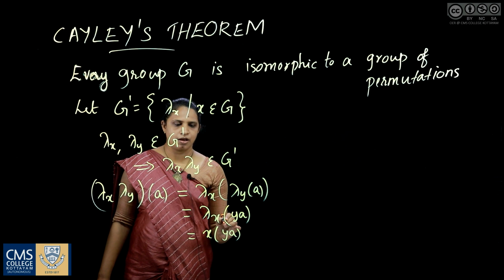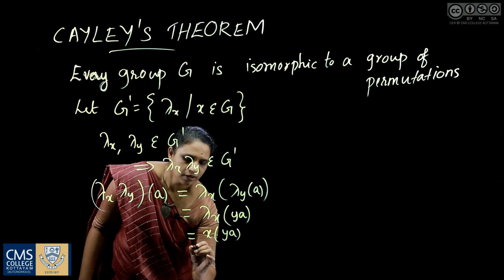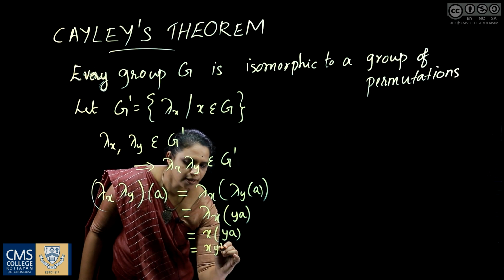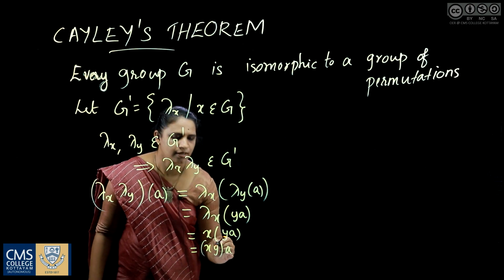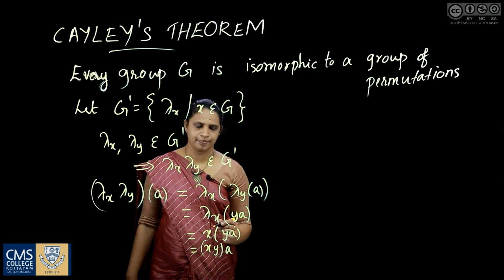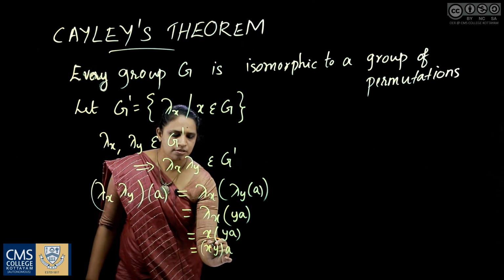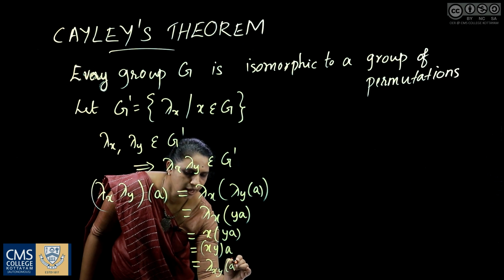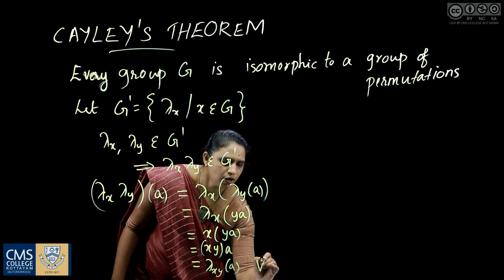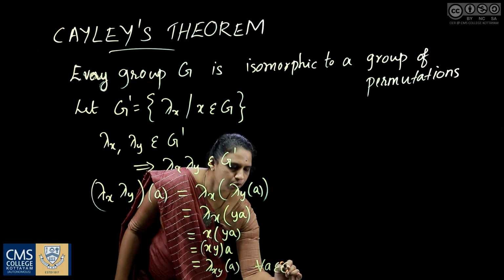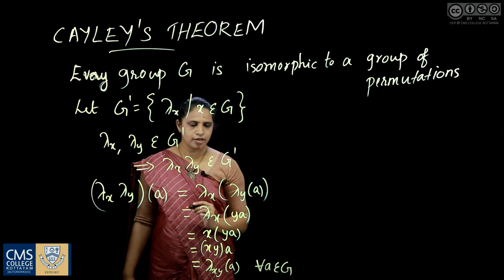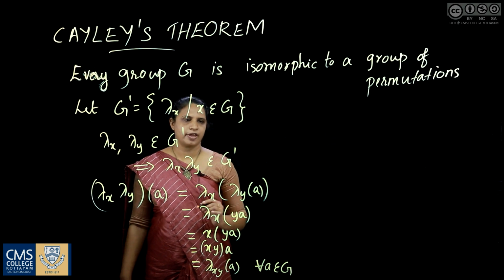x, y, a are all group elements, and since associativity holds in a group, we have x·(y·a) is the same as (x·y)·a. So, this is the same as λ_xy(a) for all a belonging to the group G. λ_x∘λ_y(a) = λ_xy(a).